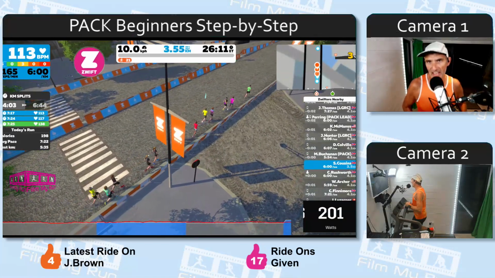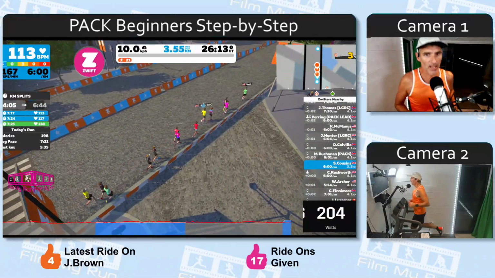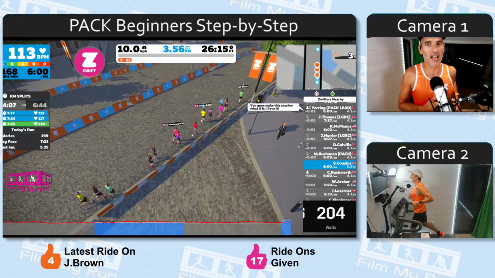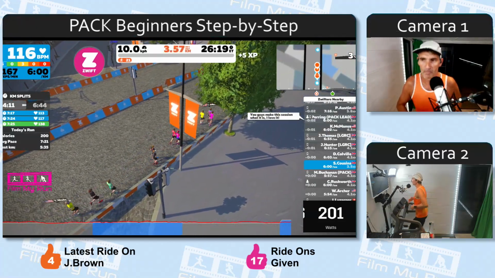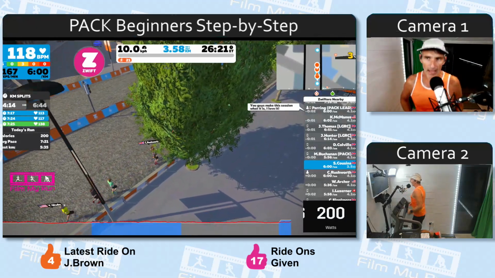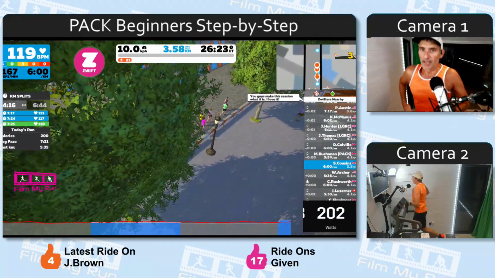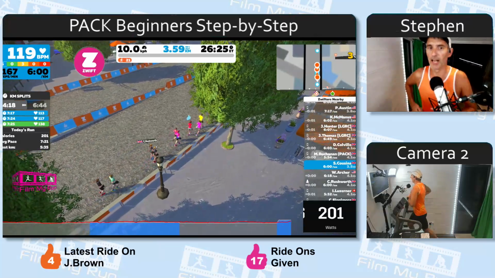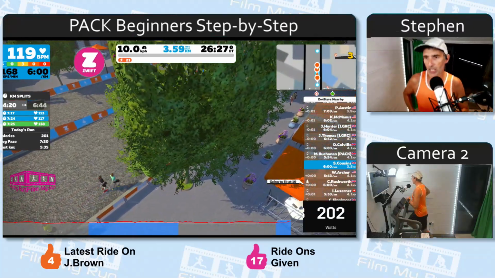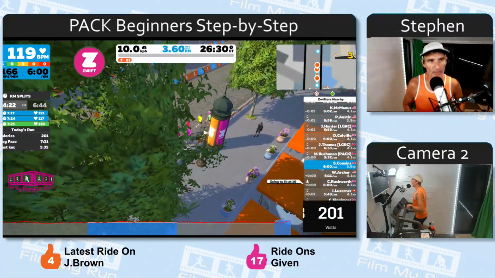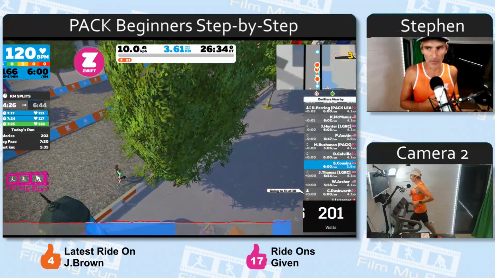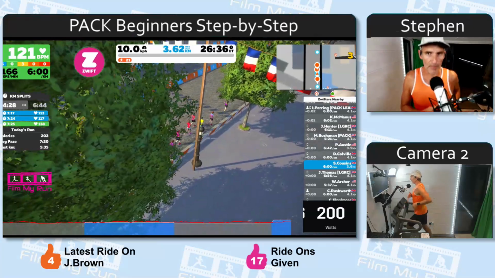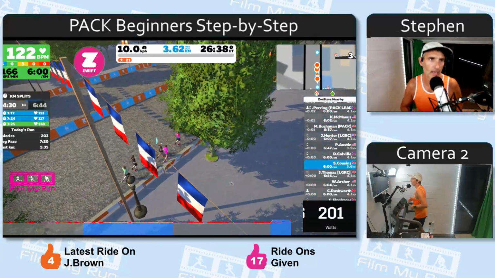So this is what happens at the end of the session of the pack beginners. Those who want to finish the session can log off and finish, and those who want to carry on, if they're up for going a little bit quicker, we can go at 10 kilometers an hour for the next kilometer. So most people have done 4k and they're going to make it up to 5k.